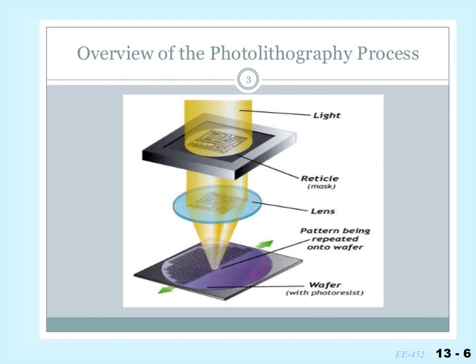Because we want to project it onto a small wafer region, these radiations travel through a lens which helps in focusing onto the wafer surface. So this is how the entire exposure and projection takes place in photolithography.